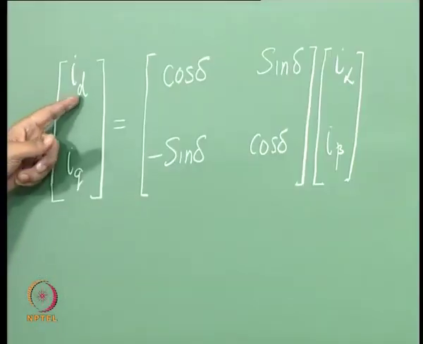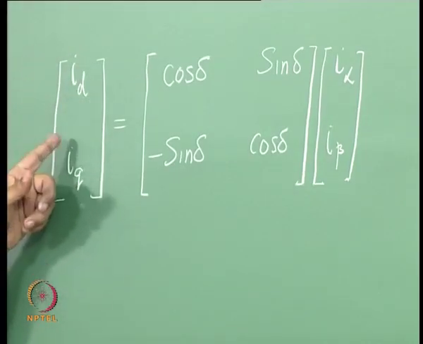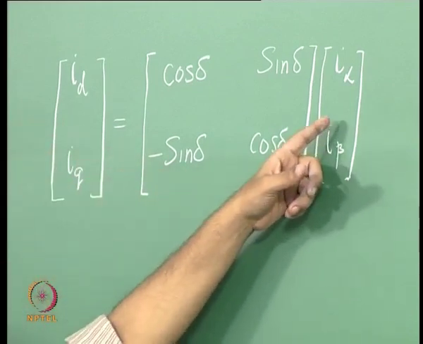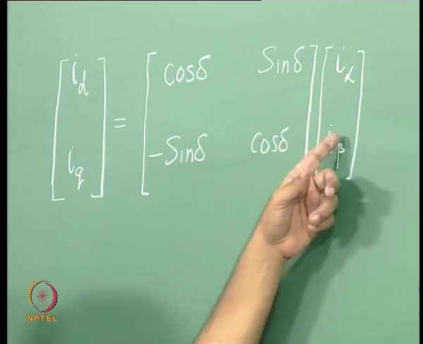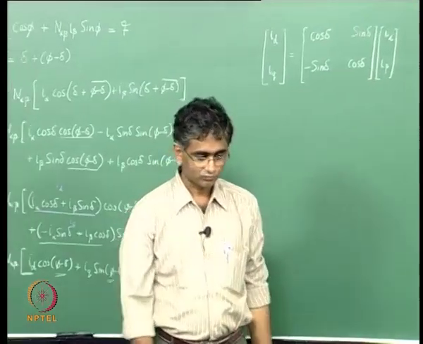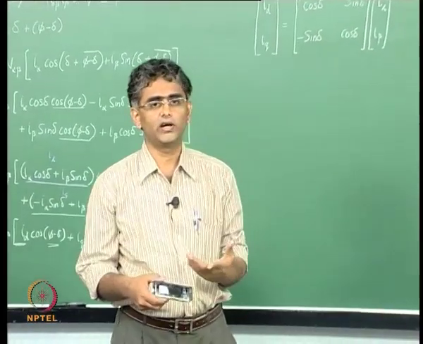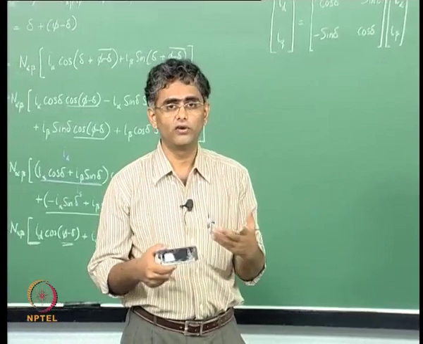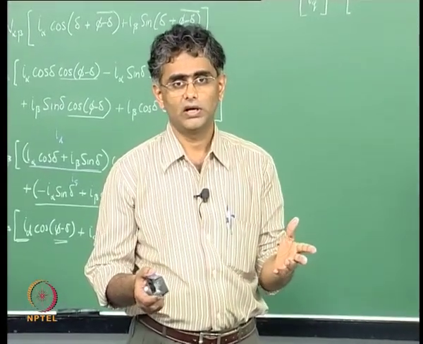So you would have D as a superscript, Q as a superscript, and then this would be IR alpha and IR beta. So both the stator and the rotor have now been referred to this so called arbitrary reference frame.